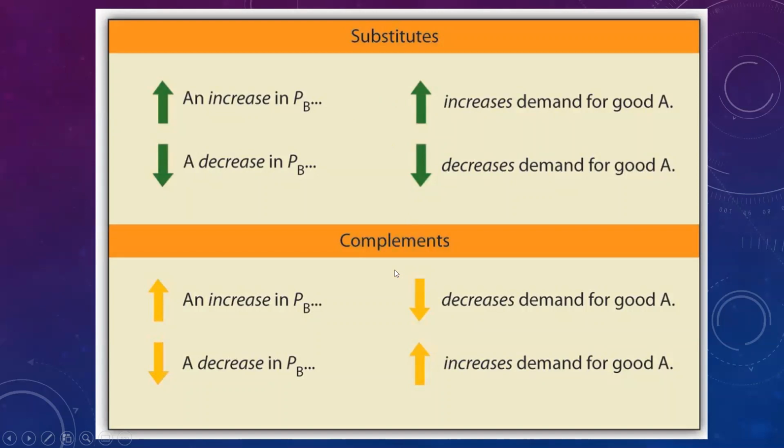And in case of complements, if there is an increase in the price of B, there will be a decrease in the demand for A. And if there is a decrease in the price of B, there will be an increase in the demand for A. There can be questions from this section because it is quite confusing in the substitutes and complements.